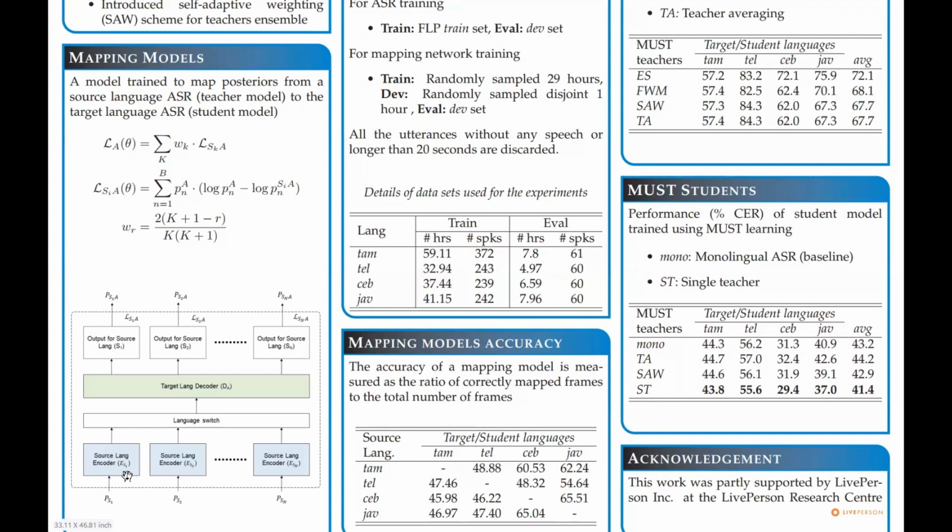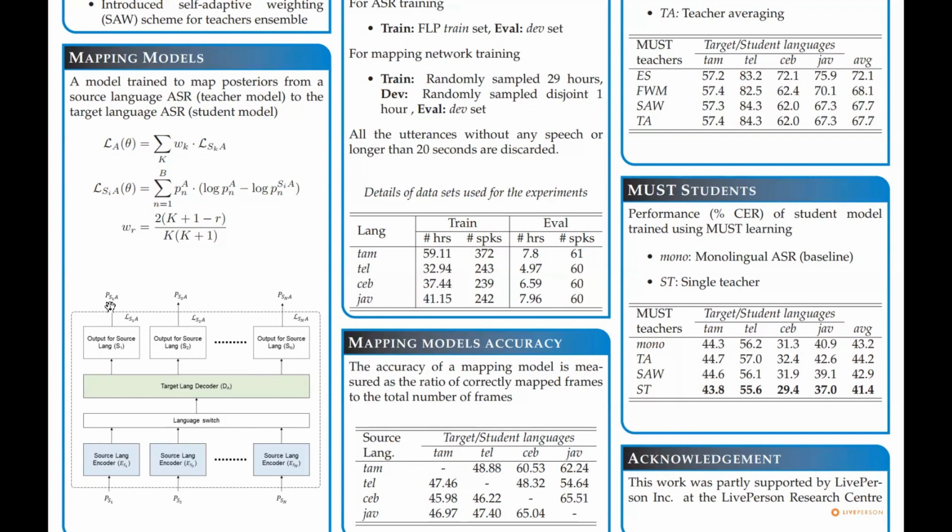When we give the input utterance to the S1 ASR model, it will have the posterior distribution of the S1 model, but the mapping model will transform it to a posterior distribution which looks like that of the actual target language ASR model. How did we train it? I'm not going to discuss that in detail here. If you're interested, you can go to our previous paper, but it is usually trained on very limited data.